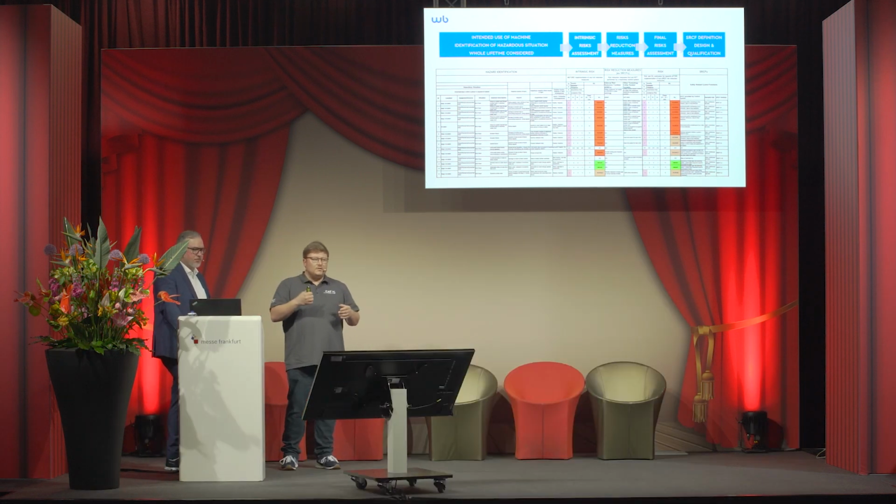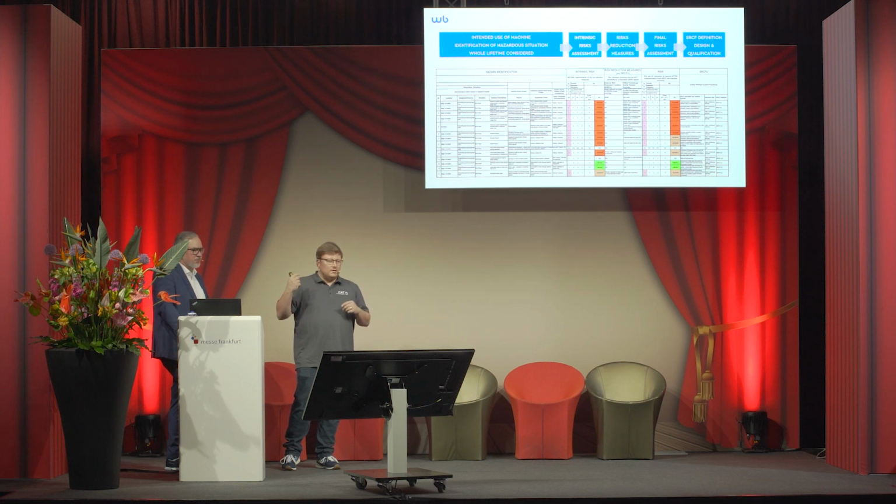In this case, this can be done by organizational measures, like more training, information, and so on. So this can be implemented on the user side or also on the designer side, because during the design process, we have to ask ourselves, can we implement something else or can we do it differently so that we can lower the intrinsic risk?